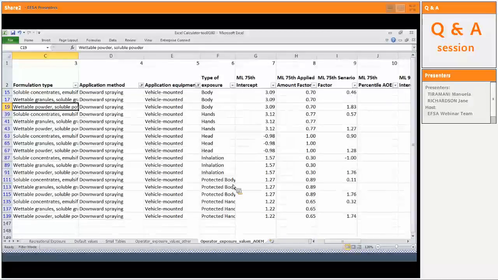But other values can be used, but they also need to be justified with evidence. Yeah, in fact, the values proposed for operators consider modern equipment used. And they are also considered to cover less modern equipment in correlation to smaller areas treated per day and using smaller amounts of PPPs, always for agricultural uses.